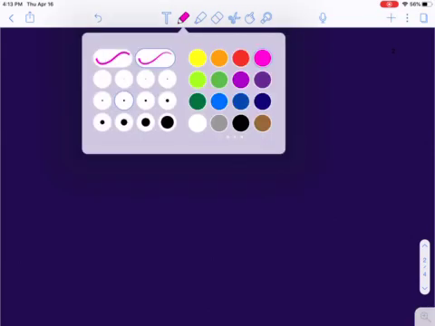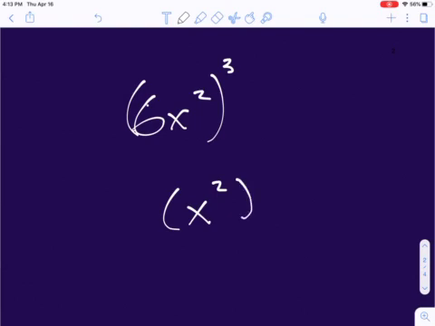So supposing I have this problem. Supposing I have 6x squared, and I'm raising that to the third power. Some of you might be saying, well, that looks a little bit like what we were doing before, except there is one difference here. Before, you would just see something like x squared to the third.